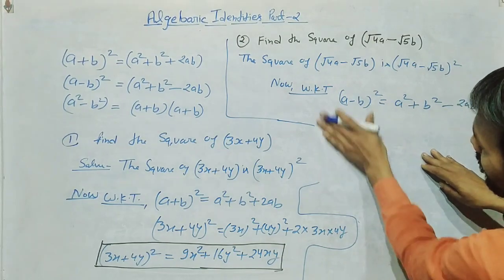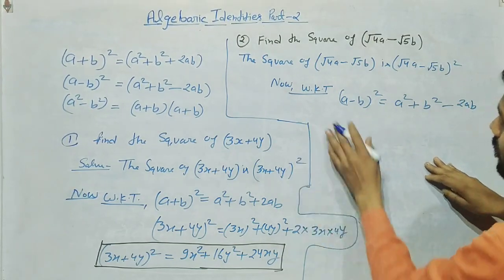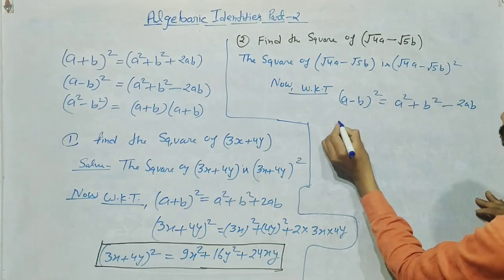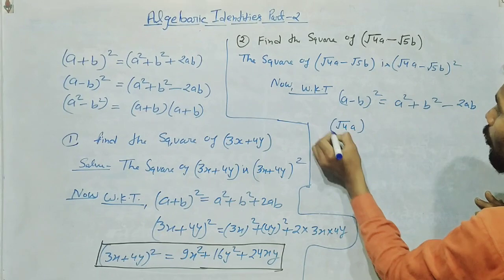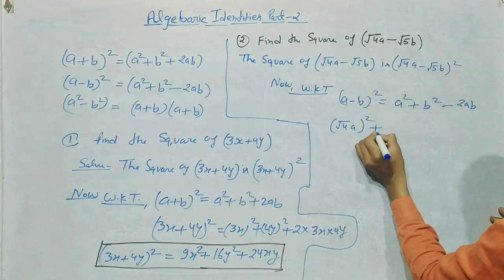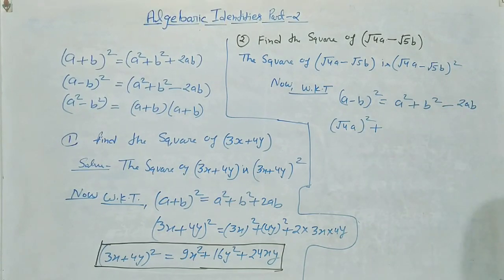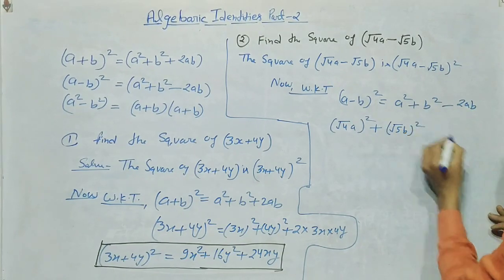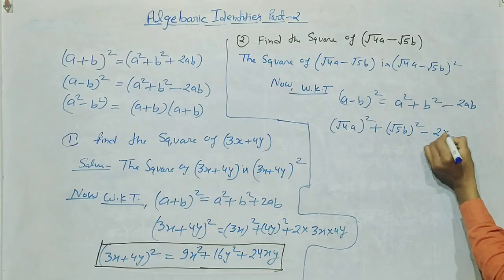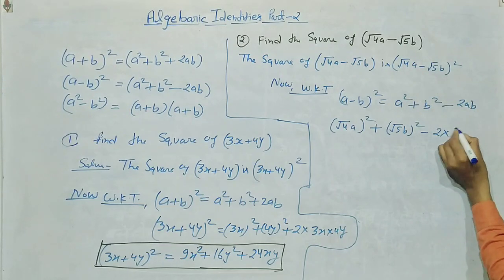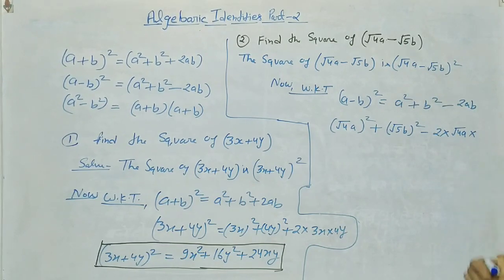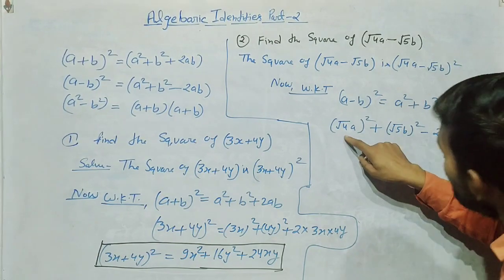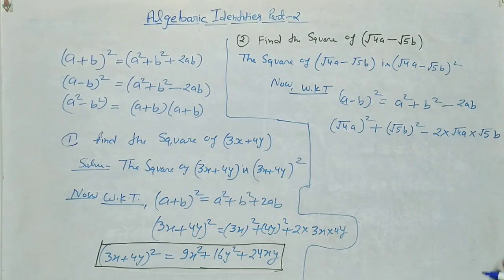So putting the values: a means under root 4a, under root 4a to the whole square, plus b square means under root 5b to the whole square, minus 2 into under root 4a into under root 5b.